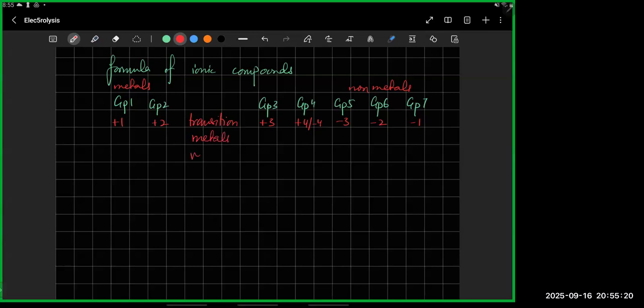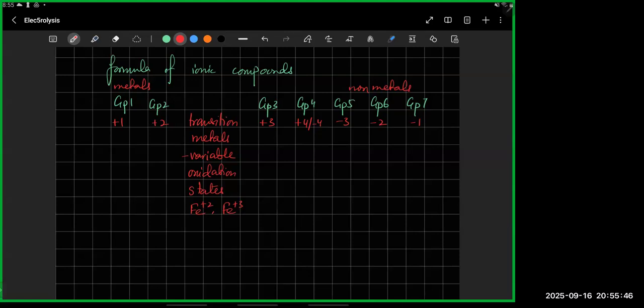They have variable oxidation states, or charges. That means iron could be +2, and iron could be +3 as well. It could be +4 as well. They can have variable charges.